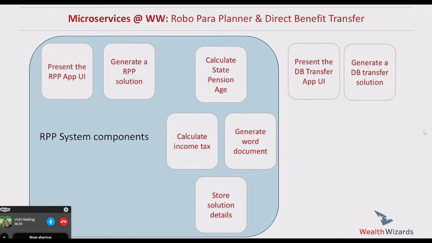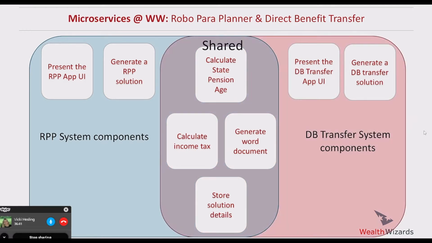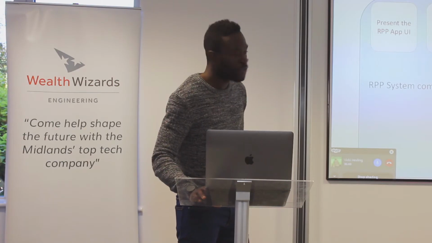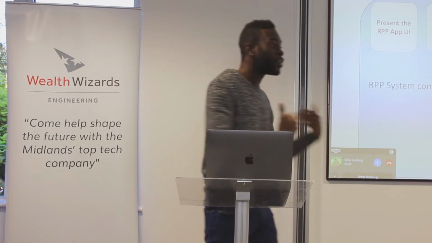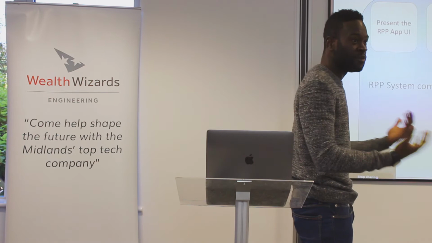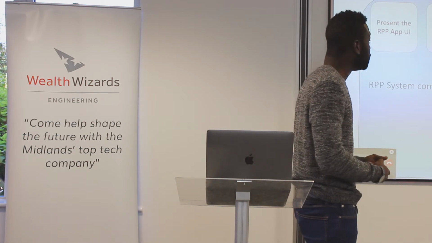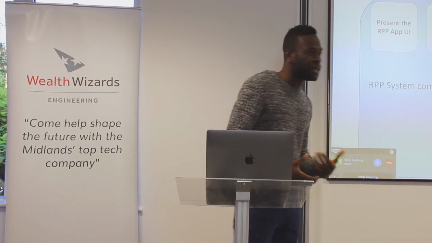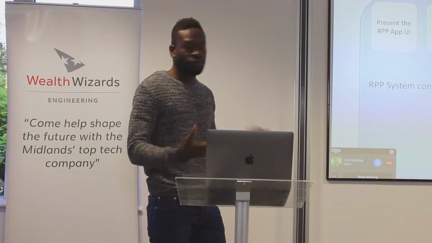But as the beauty of this architecture shines, you have all of these components that you can reuse now. You plug and play to create an entirely new application and really allow that reusability that I previously talked about. So if you were designing that system, that's how that would look. All those components in the middle are things that the application needs to service the user. So all that calculation of state pension age is reused out of the box, which is obviously a huge efficiency boost for the team.